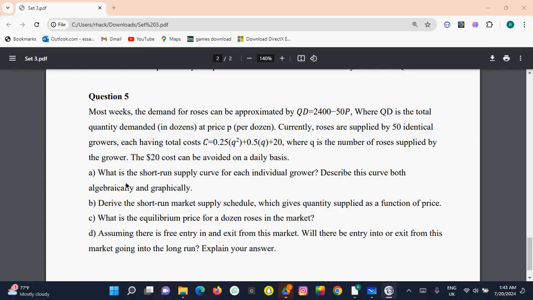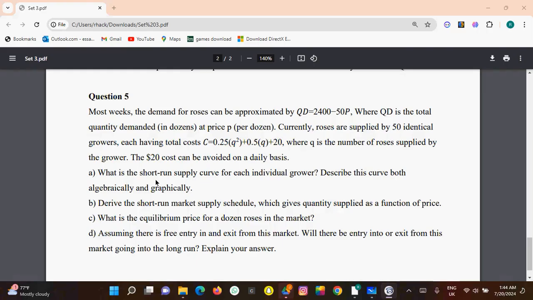C, what is the equilibrium price for a dozen roses in the market? And D, assuming there is free entry into and exit from this market, would there be entry into or exit from this market going into the long run?